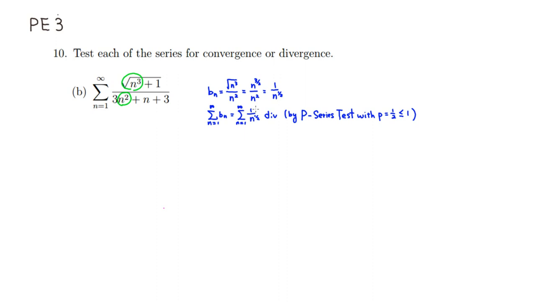The next step is we have to make sure that the original series is comparable with this bn that we came up with.